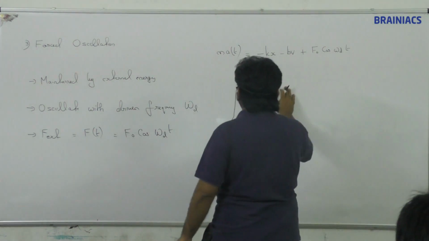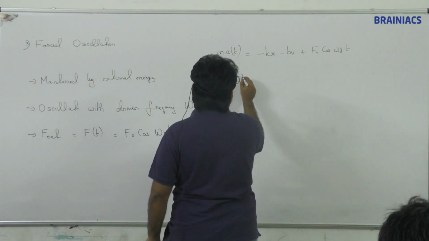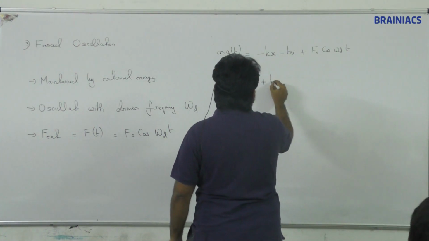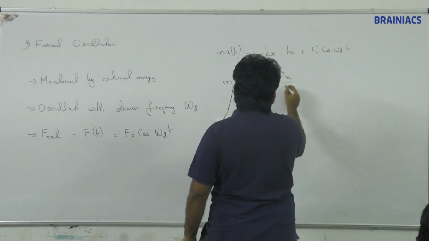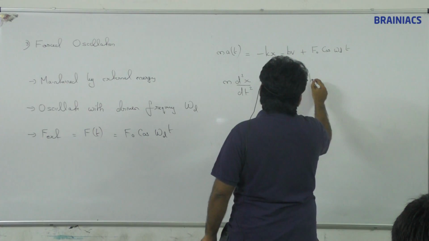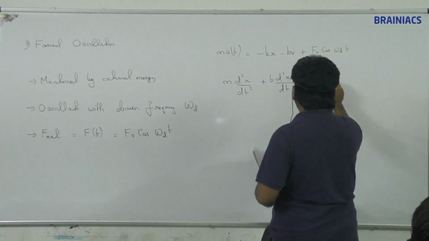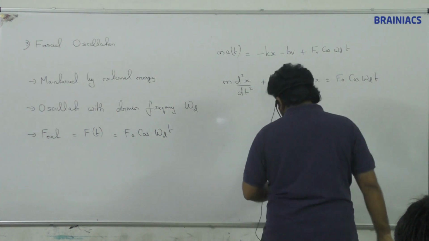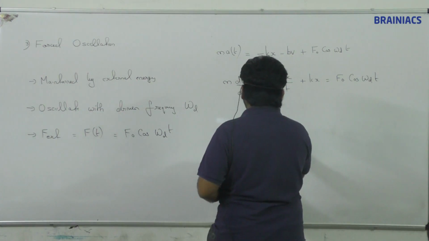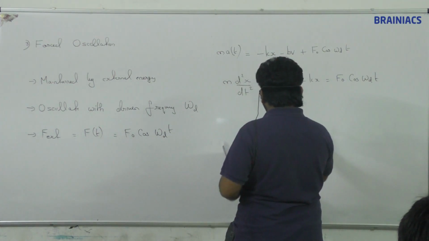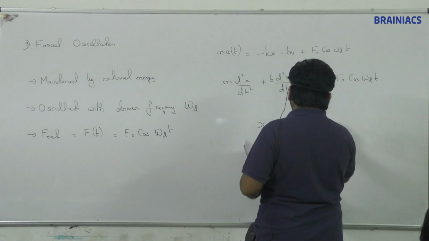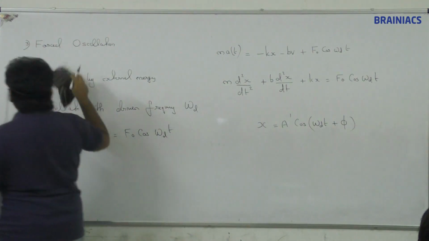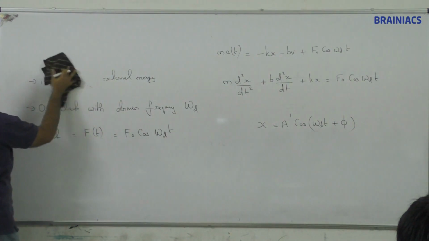So m d square x by dt square plus b dx by dt plus kx is equal to F naught cos omega d into t. When you solve this, we will get the displacement x equal to A cos omega d into t plus phi. That is the equation of displacement.